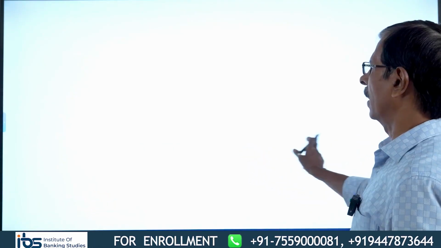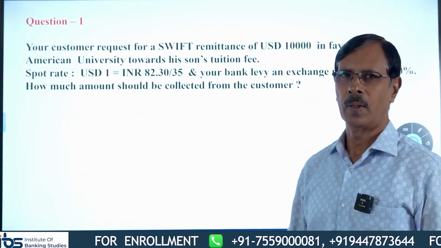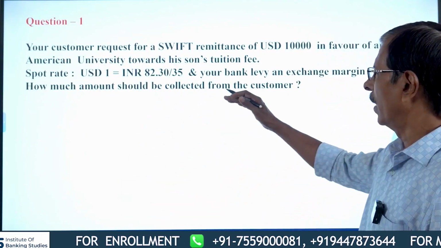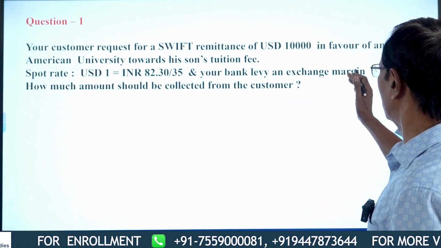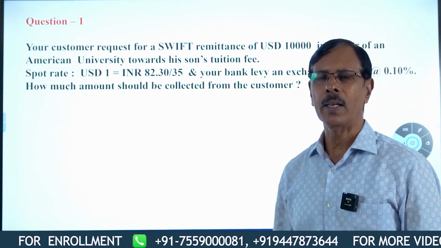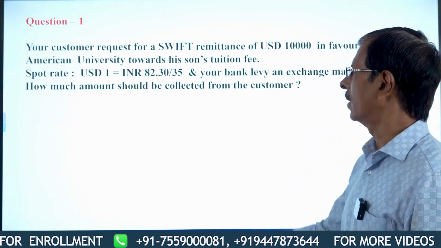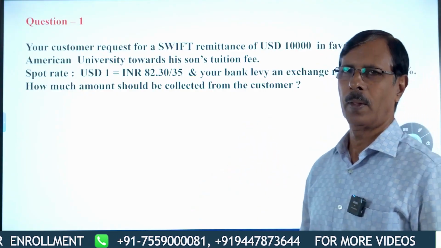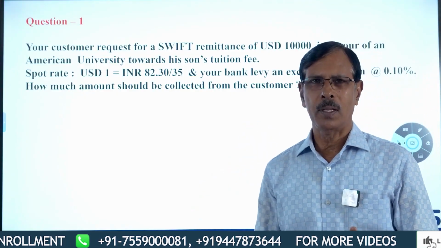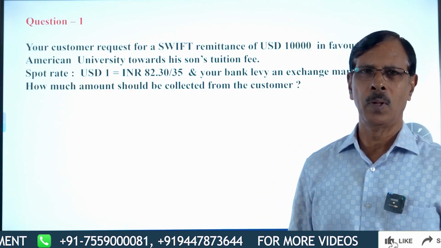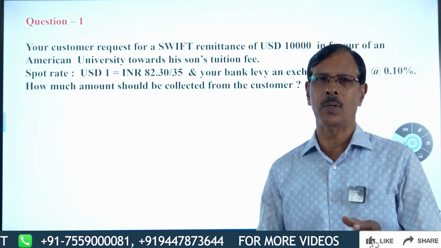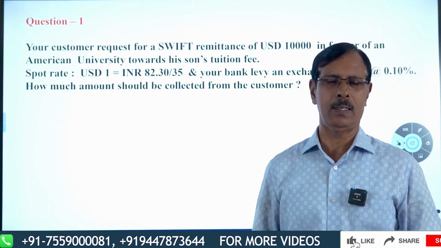The first question goes like this. Your customer requests for a swift remittance of US dollar 10,000 favoring an American university towards his son's tuition fee. Whenever such a question is put before you, the first thing is to identify the type of the transaction.